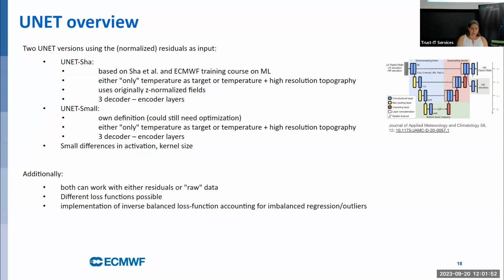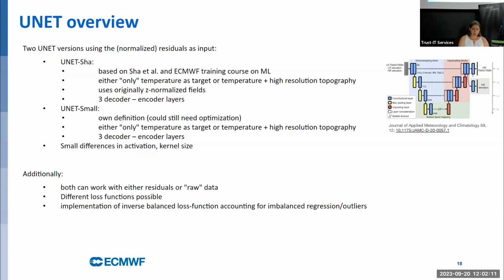I'm not jumping ahead, but you will see some issues with the topography as additional target. It has 3 encoder-decoder layers. I did play around a bit with the normalization, but in principle, it's not a very deep U-Net.